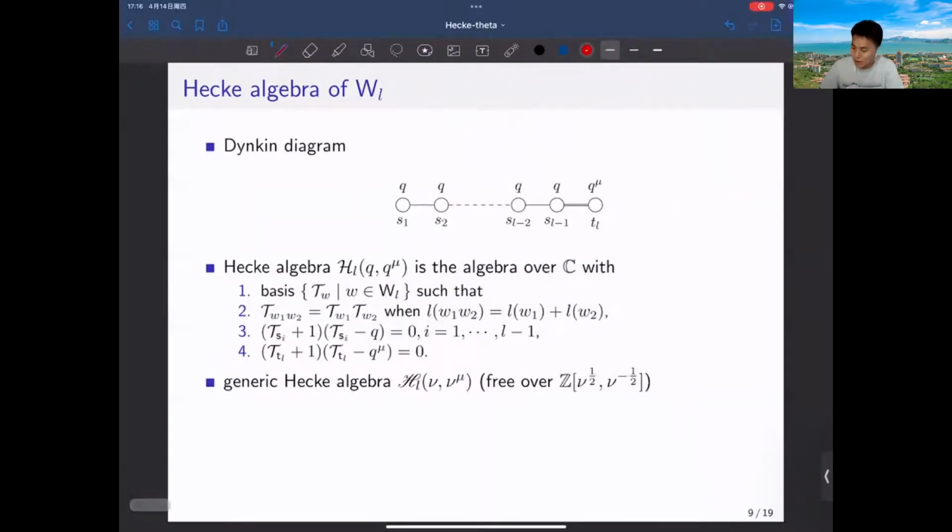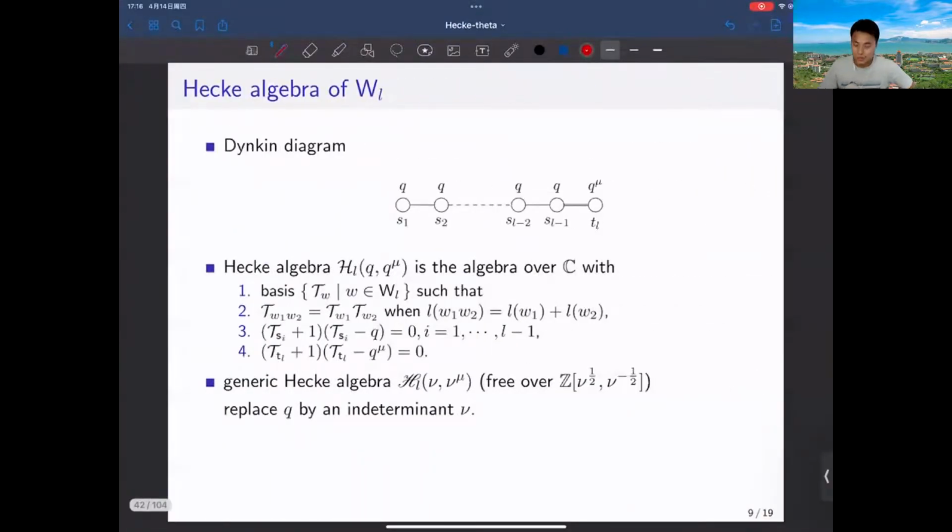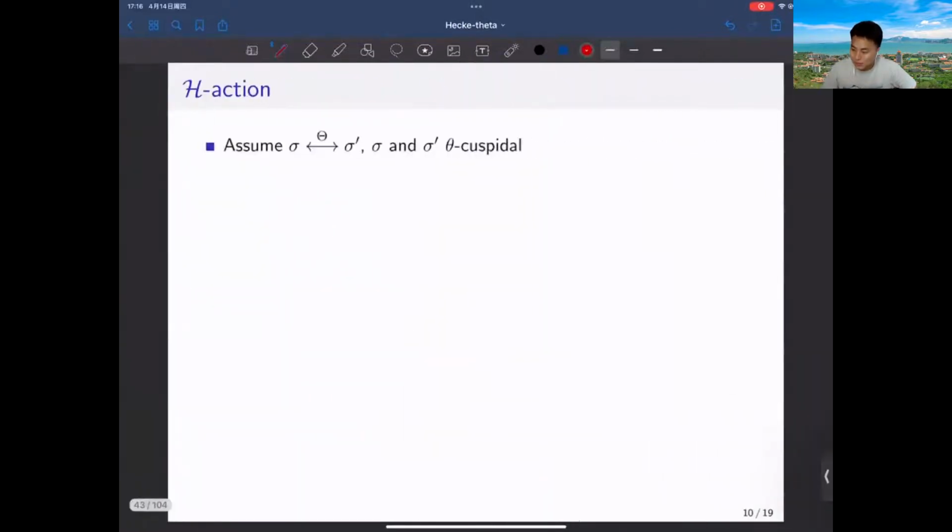Okay, and by a similar construction, you can construct the generic Hecke algebra, which is a free module defined over, say, an indeterminate nu. Basically, you use the same formula but replace Q by nu.